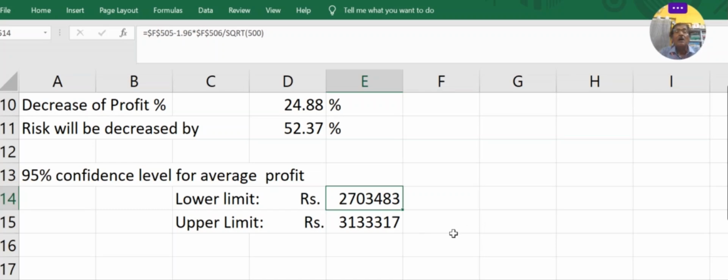In this way, by applying Monte Carlo simulation, you can determine the appropriate production units by which you can get the maximum profit. Thank you.